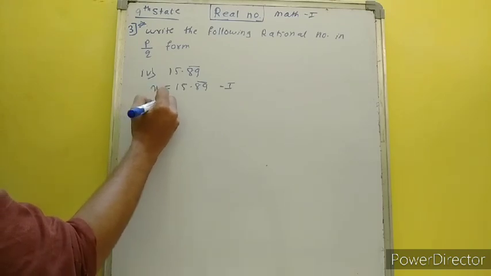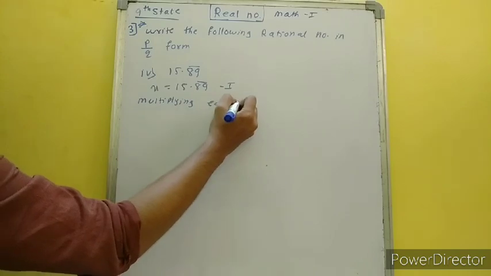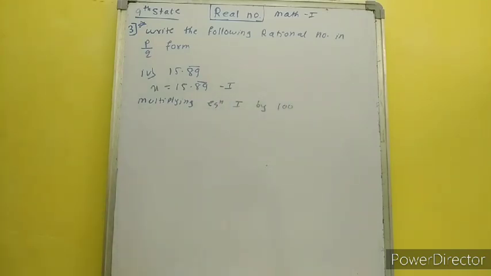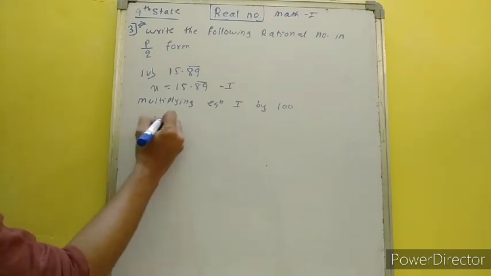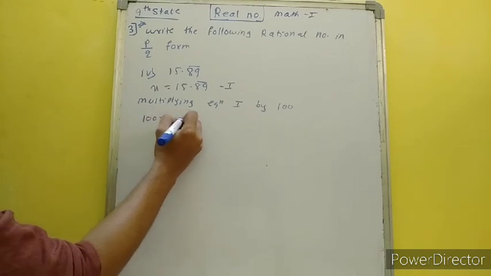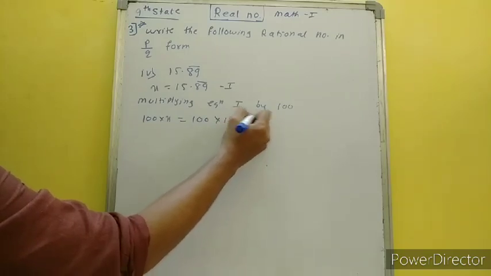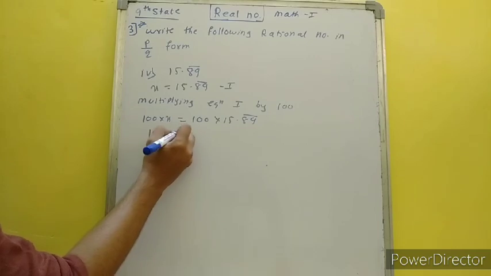So multiplying equation 1 by 100, 100 into x is equal to 100 into 15.89 recurring. So 100 into x is 100x.